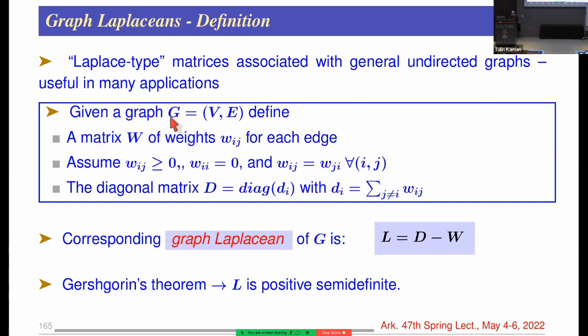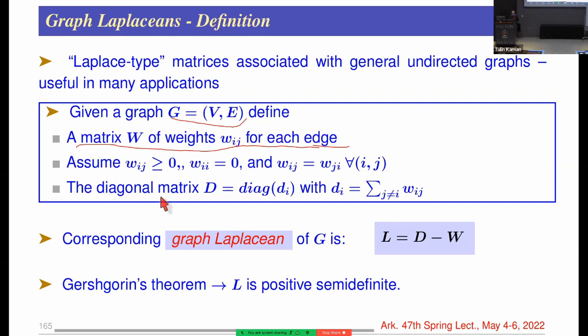So for each edge you have a weight, Wij, and you assume that Wij is non-negative, and Wii is 0. So it's 0 for ii. And it's also symmetric, the matrix is symmetric.